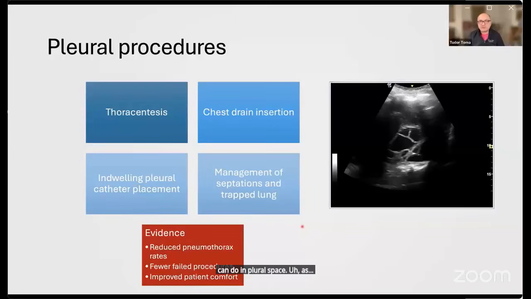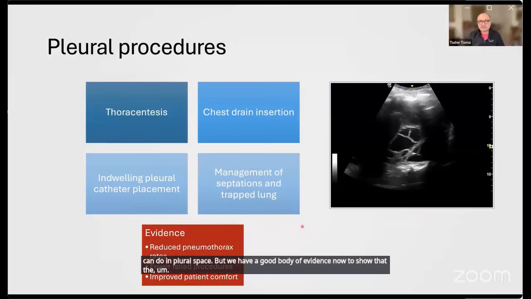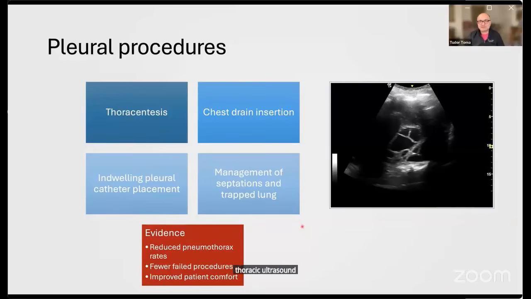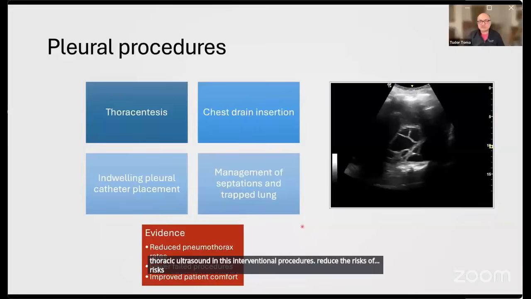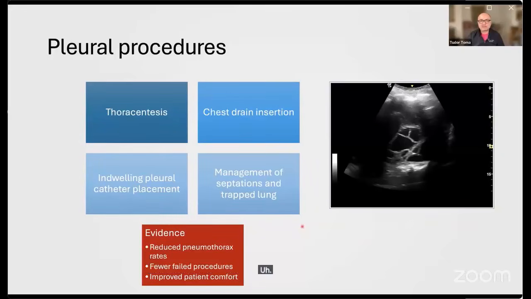We have a good body of evidence now to show that thoracic ultrasound in these interventional procedures reduces the risk of complications, reduces the risk of failures, improves patient comfort, and overall is a more effective intervention. We are using it, as I mentioned, extensively in our practice.